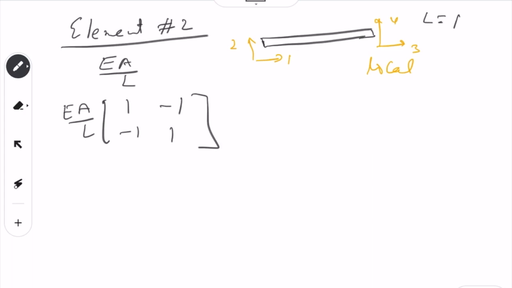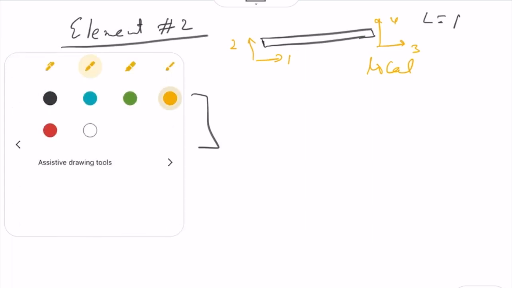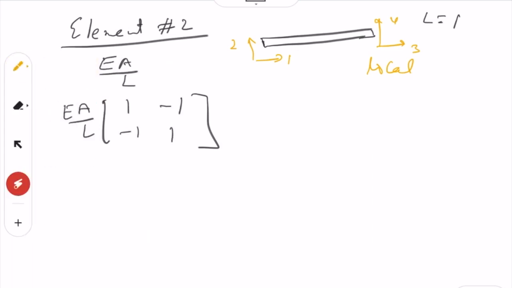And if you want to relate this to the 4 degree of freedom system, this will be 1, this will be 3, so 1 and 3. So we have 1 here, we have 3 here, similarly this has 1 here, 3 here.